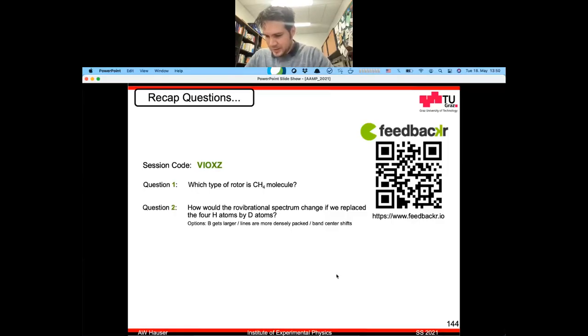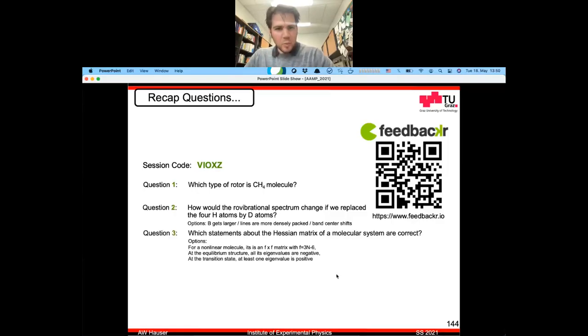And the last one is, which statements about the Hessian matrix of a molecular system are correct? 3 options. For a nonlinear molecule, it's an F times F matrix with F equals 3n minus 6. Then, at the equilibrium structure, all its eigenvalues are negative. And option 3, at the transition state, at least one eigenvalue is positive.